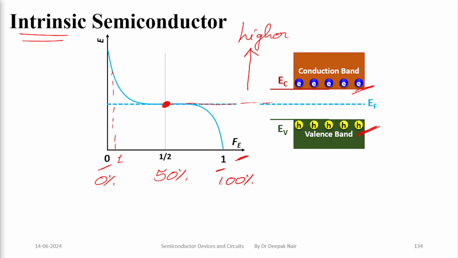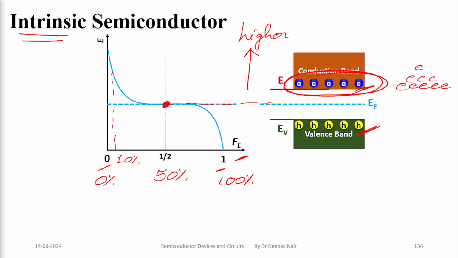Suppose here it represents 10%, then as we keep on moving higher, we will find fewer and fewer electrons in the conduction band. That means the density of electrons will be very high near EC, and as you move up, the density will keep on decreasing.